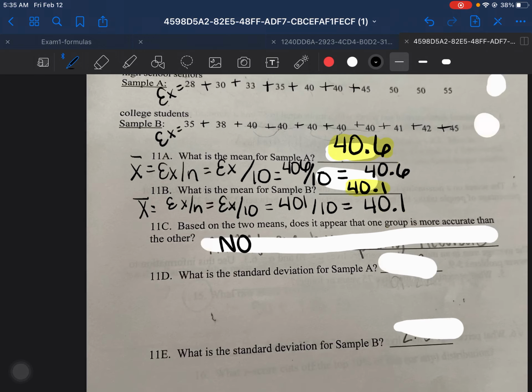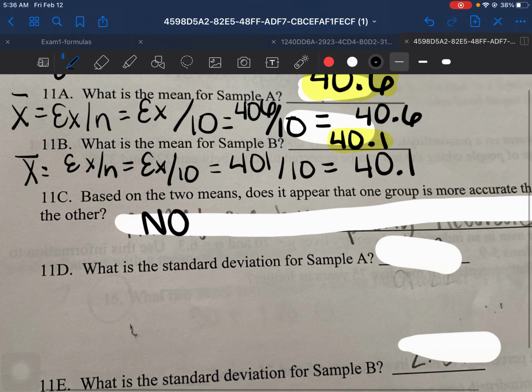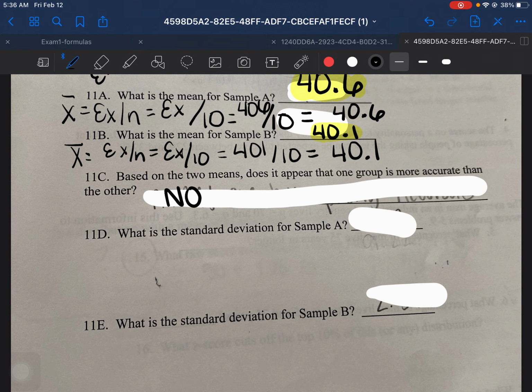So I'm just going to put no. Like those are pretty close, so it doesn't seem like one is a lot more accurate than the other. In a little bit, you guys will learn all about how to find that in a more statistical way, not just glancing at them, but finding out if something is statistically significant.